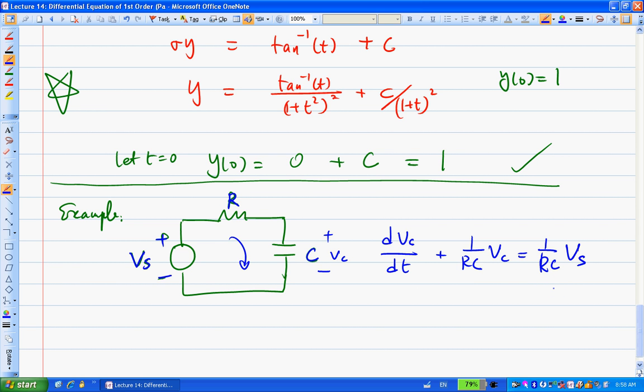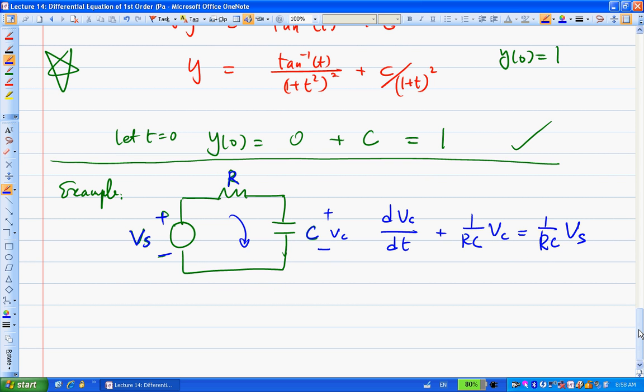I think you probably have done some experiments. For example, you use an RC circuit, and this side connects to a signal generator, and you measure the voltage output across the capacitor. You look at the time histories of the voltage across the capacitor. Have you done that kind of experiment?